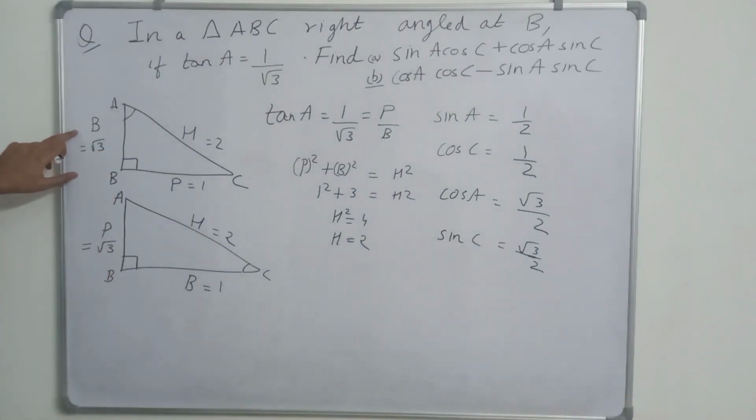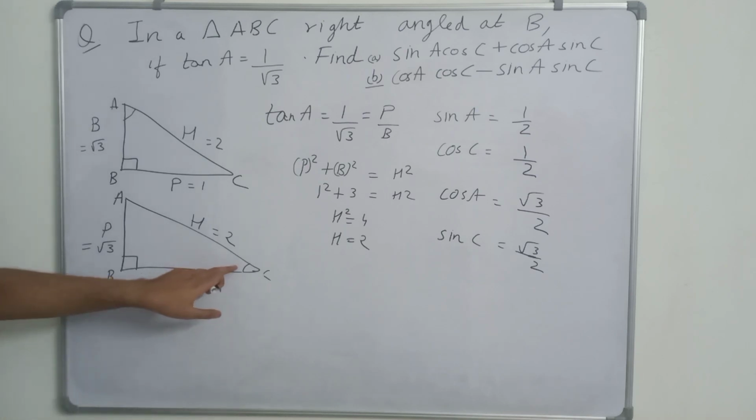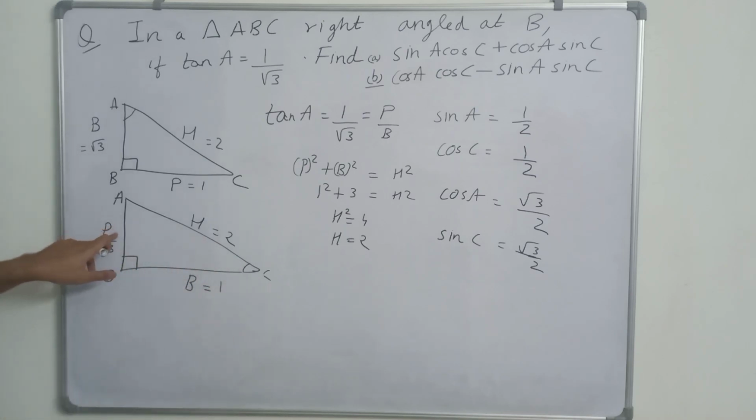Because the length base, for angle A base was line AB. But for angle C, the base will be line BC. The line opposite to the angle is called the perpendicular.